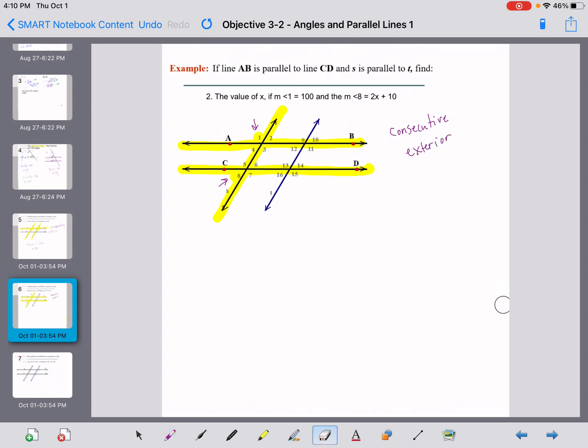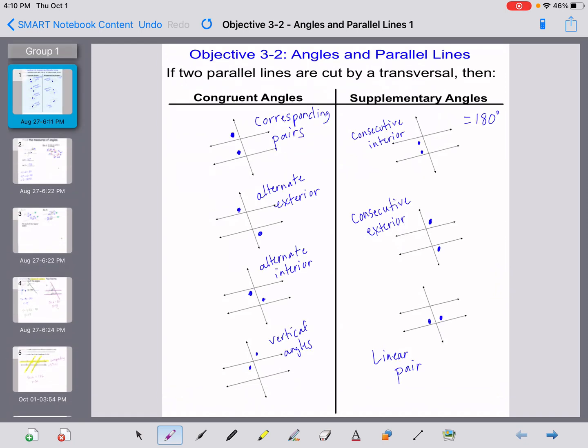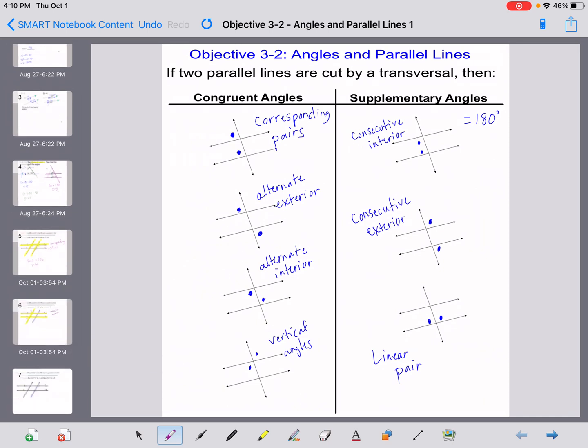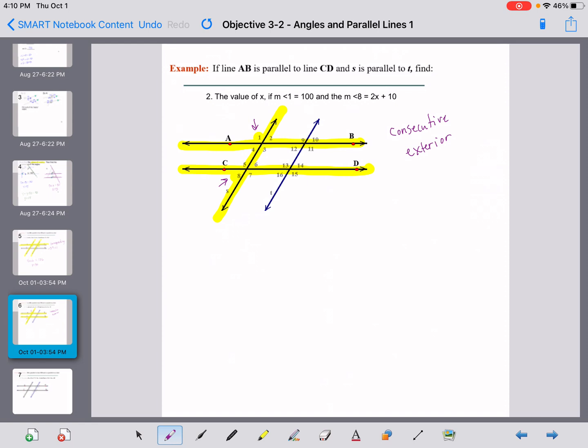Now, if you don't remember what consecutive exterior lines were, go back to our page 1. Consecutive exterior, they're under the supplementary column. So that means that if they're supplementary, when I add them together, they're going to equal 180. So 100 plus 2x plus 10 equals 180.